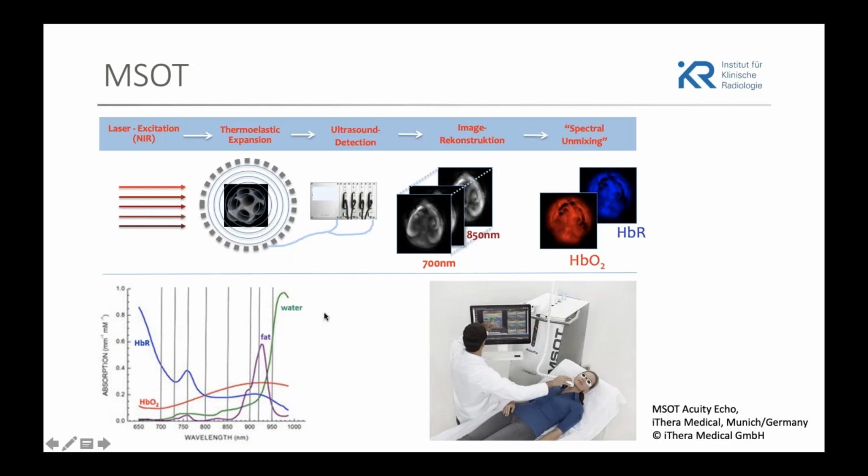Due to the laser excitation, you have to protect your eyes and the eyes of your patients with laser safety goggles. The idea of spectral unmixing while scanning with this handheld probe is that you get an idea of your intrinsic biomarkers like oxygenated or deoxygenated hemoglobin in real time.